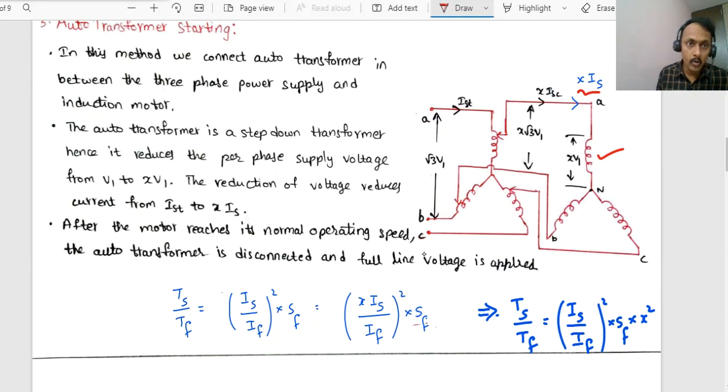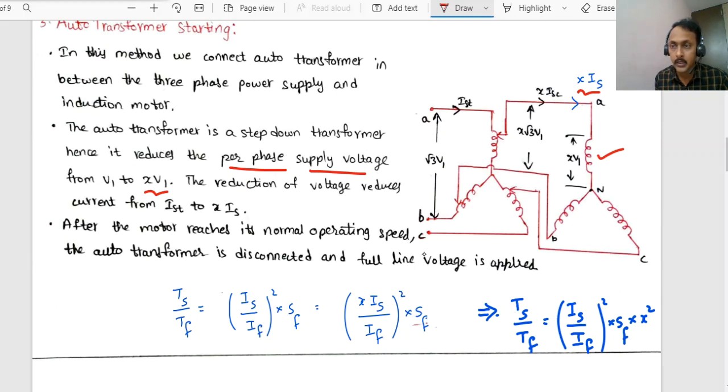So using the auto transformer, we have reduced the voltages. The auto transformer is a step down transformer that reduces the per phase supply voltage. Instead of V1, we simply apply some x times V1, so the current drawn will be reduced.